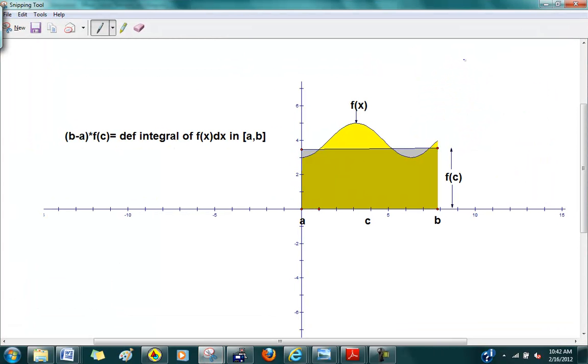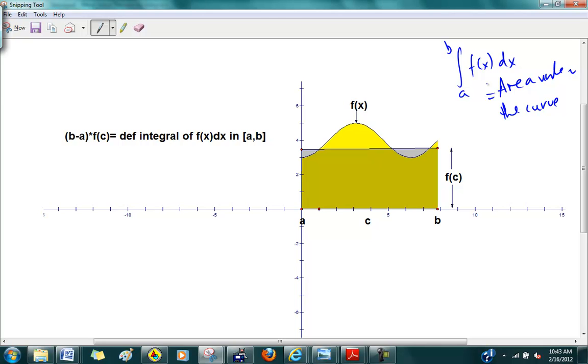By now you should know that the integral of f(x) dx between the limits of a and b is equal to the area under the curve. So the yellow shaded region there is this integral from a to b.